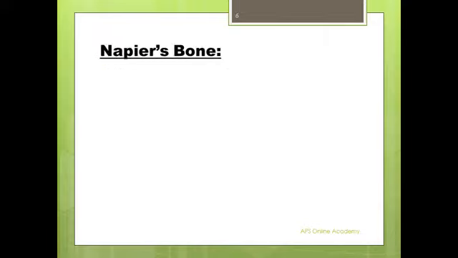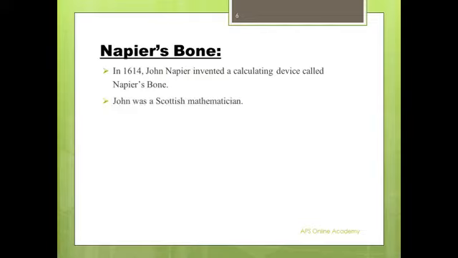Next is Napier bone. In 1614, John Napier invented a calculating device called Napier bone. John was a Scottish mathematician, means he lived in Scotland, and by profession he was a mathematician. The device was made of a wooden box.